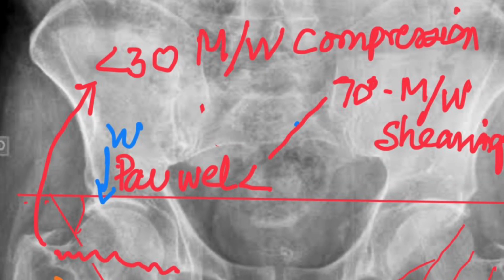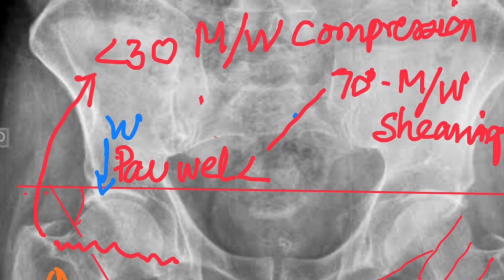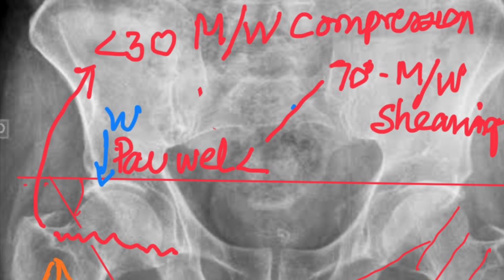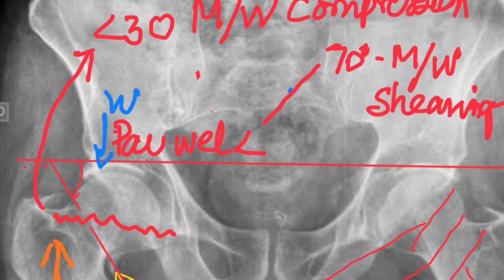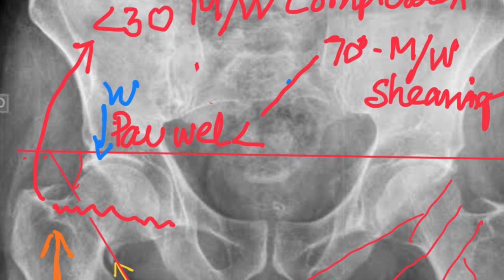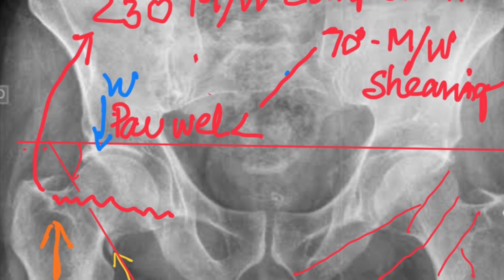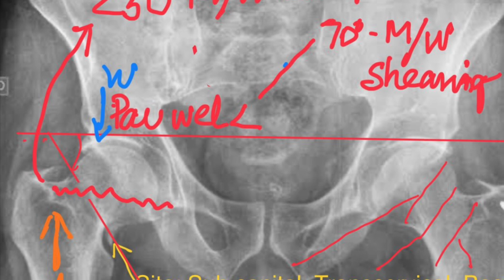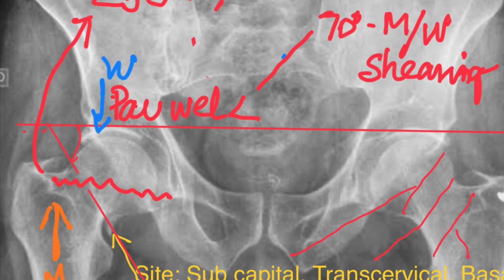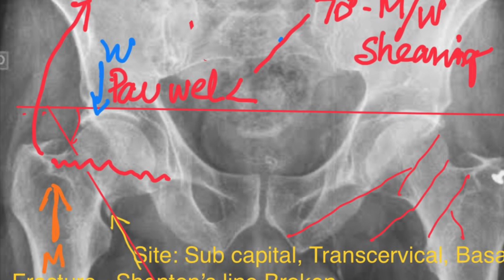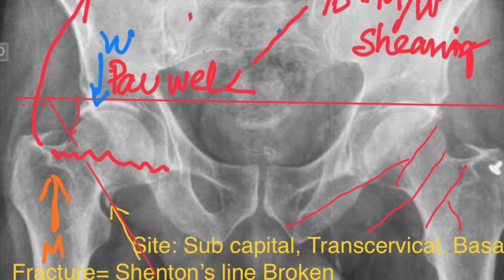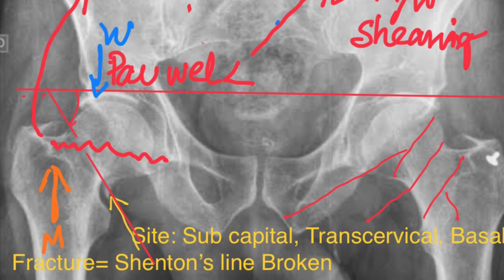So the first question is, is there a fracture? The answer is, if there is a break in the Shenton's arch, there is a fracture. The second question is, where is the fracture? The fracture can be subcapital, transcervical or basal anatomical place.